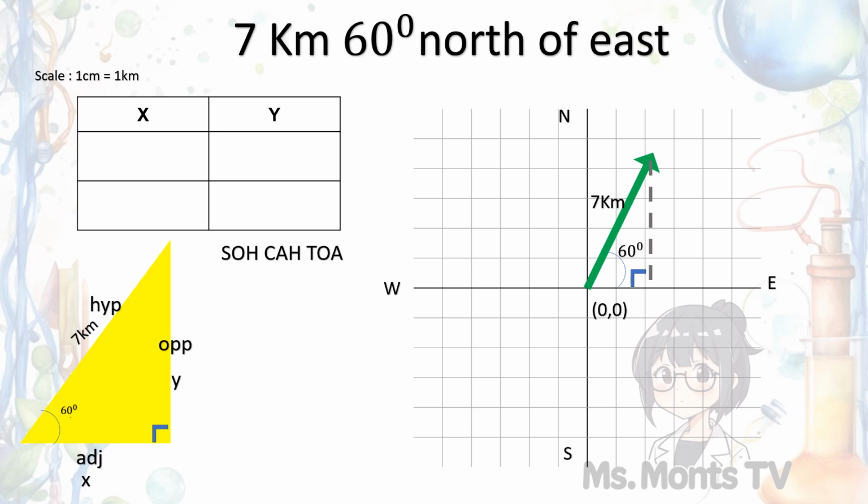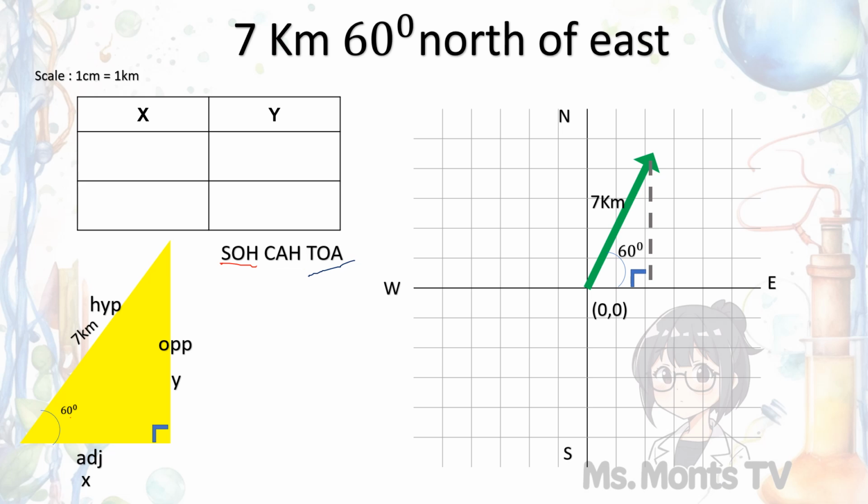So SOHCAHTOA: sine is opposite over hypotenuse, cosine is adjacent over hypotenuse, and tangent is opposite over adjacent.